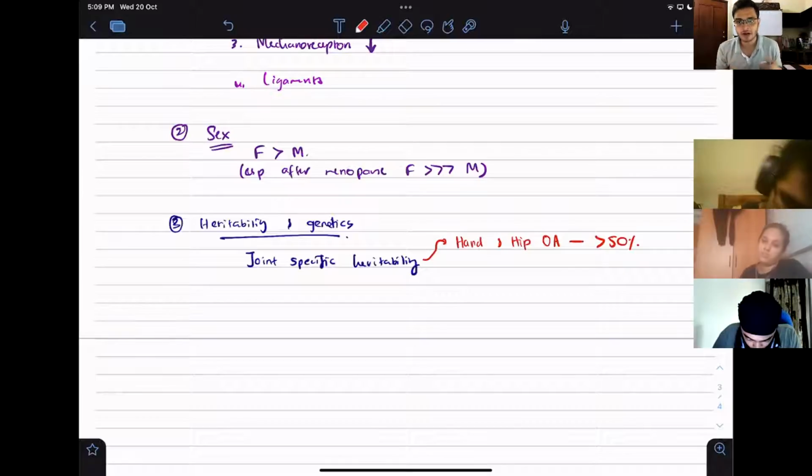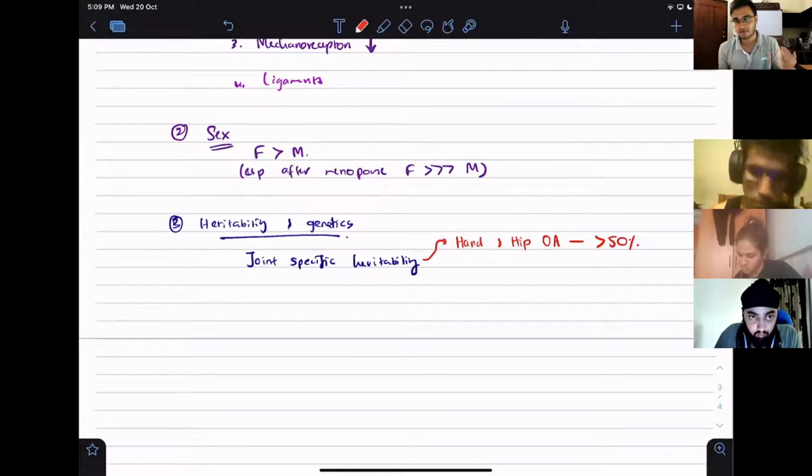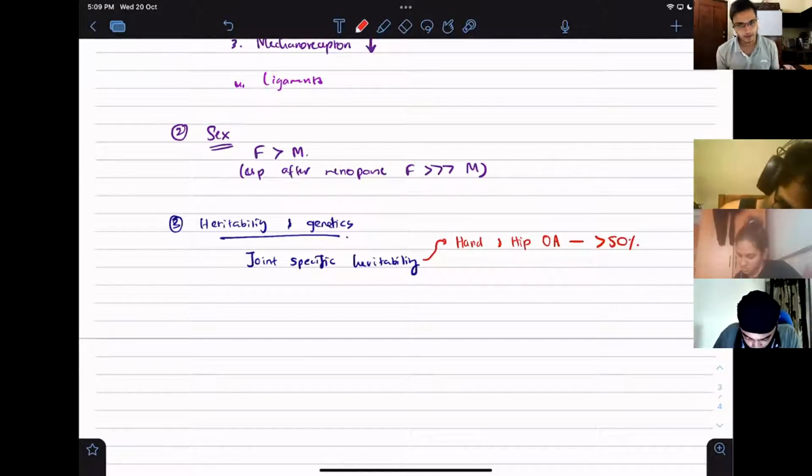When you take their history, they will tell you, my mother had this, my father had this, my brother had this, or maybe an extended family member, my uncle had this. So with hand and hip osteoarthritis, more than 50% of the cases are like that.